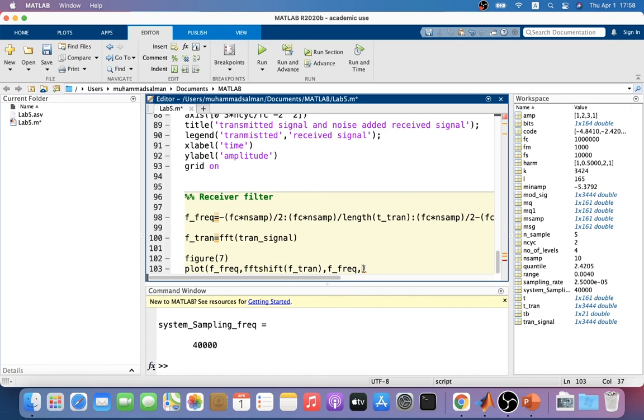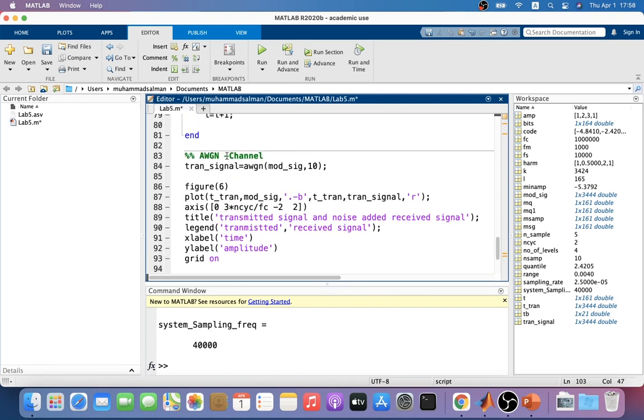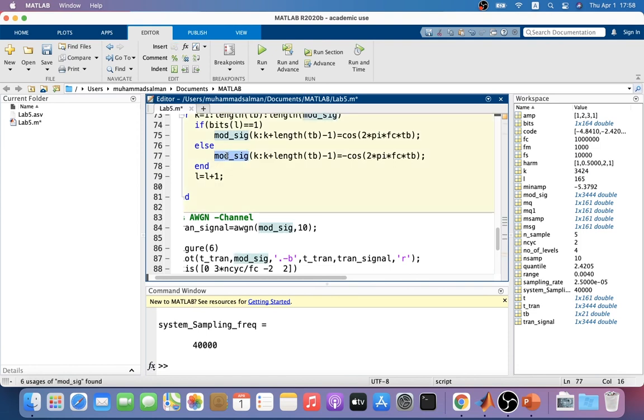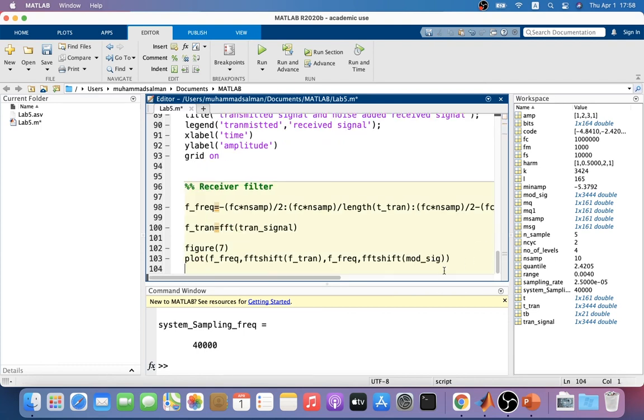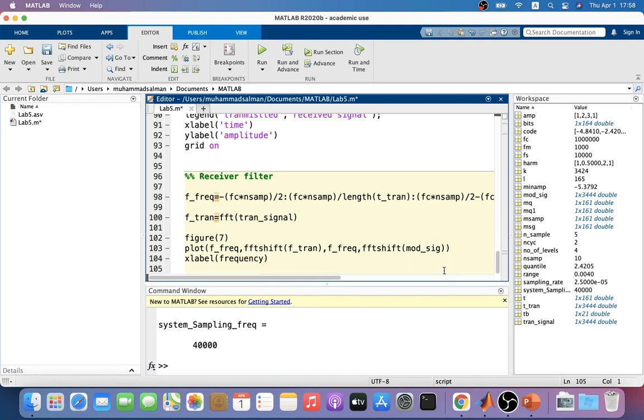So I want to visualize both the transmitted and the received signal. So the transmitted was this one, and it is here, and I want to say that the X label is my frequency and the Y label is my signal amplitude.